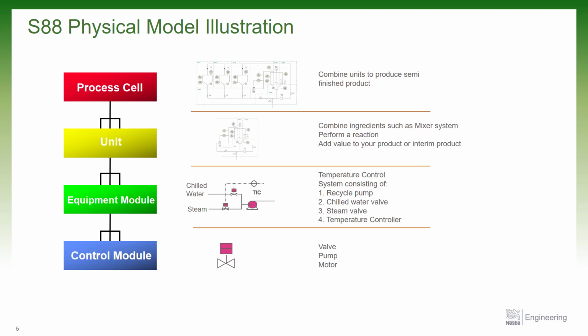Let's have some illustration of the S88 physical model. We'll start from the bottom with the control modules, which are typically valves, pumps, or motors. Those control modules are contained in equipment modules to perform some actions, like a temperature control or a flow control.